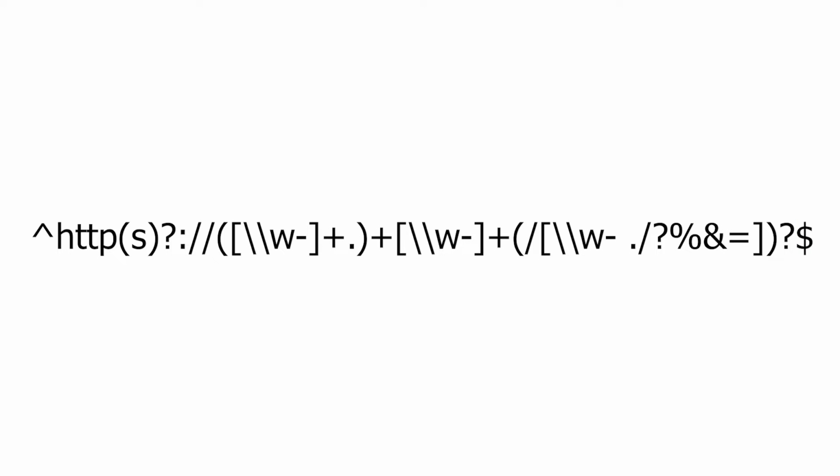So in summary, this regular expression is designed to match URLs that start with either HTTP or HTTPS, followed by optional subdomains and the main domain name. It can also match an optional path that can include a wide range of characters.